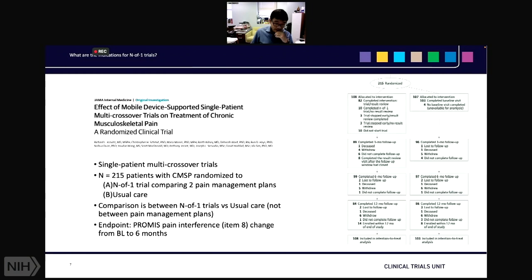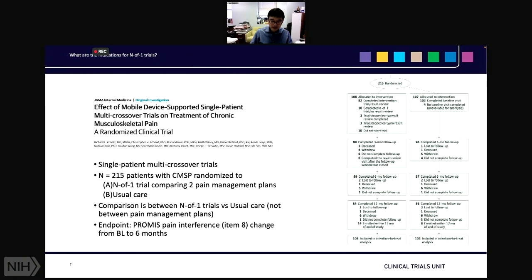The third example of an N-of-1 trial is treating patients with chronic musculoskeletal pain. In this study, a total of 215 patients would be randomized to an N-of-1 trial or usual care.